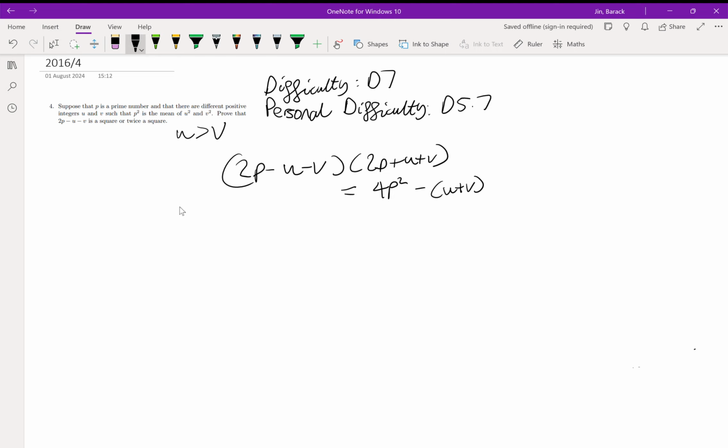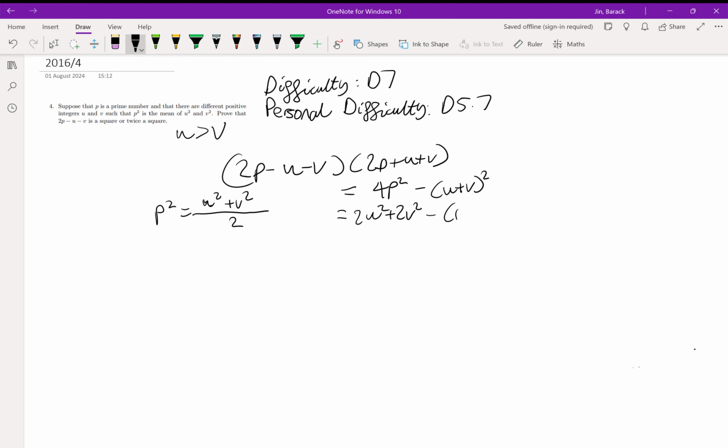Because when you do this, p squared is the mean of u squared and v squared. So p squared equals u squared plus v squared over 2. 4p squared is therefore 2u squared plus 2v squared.